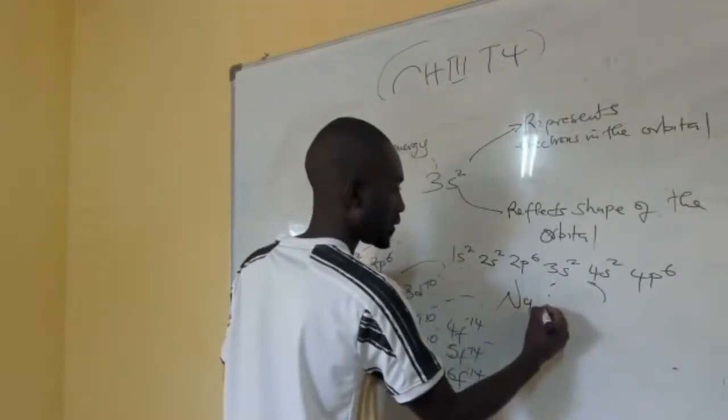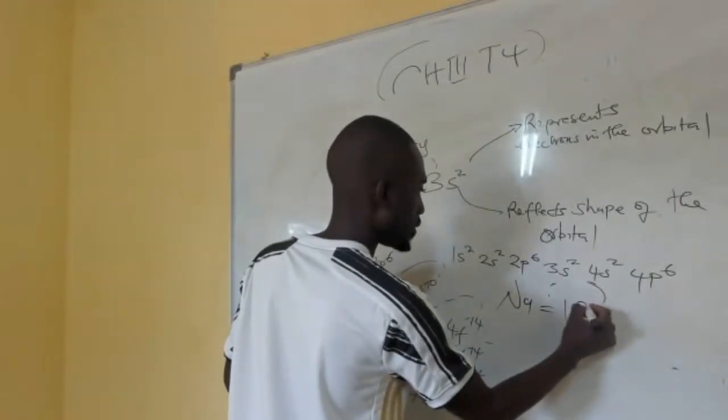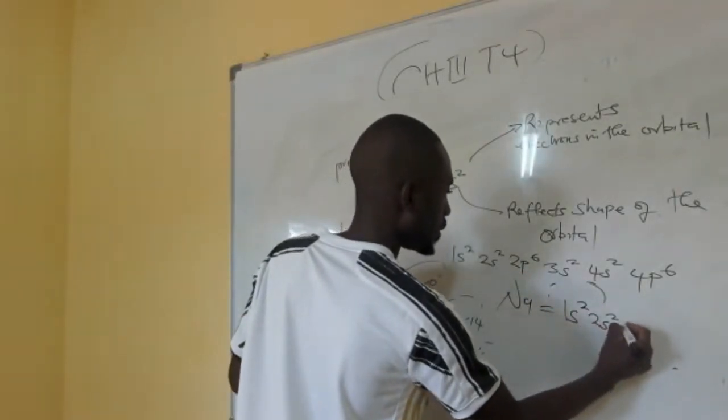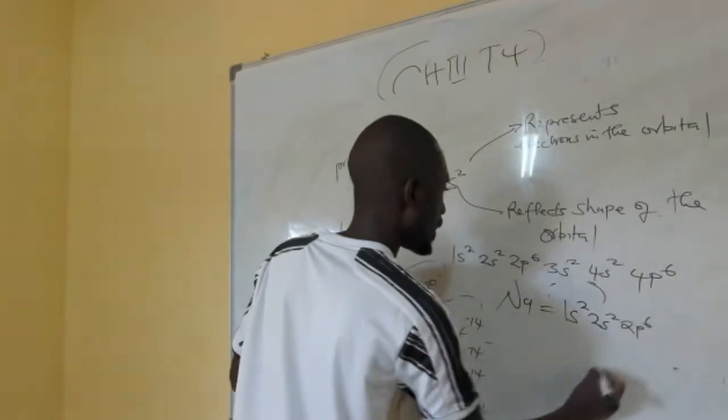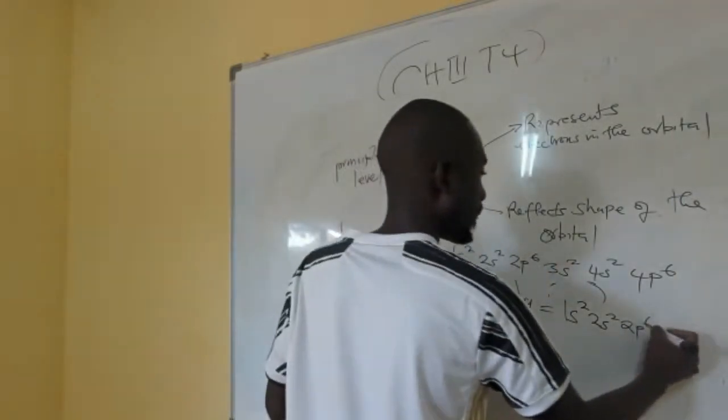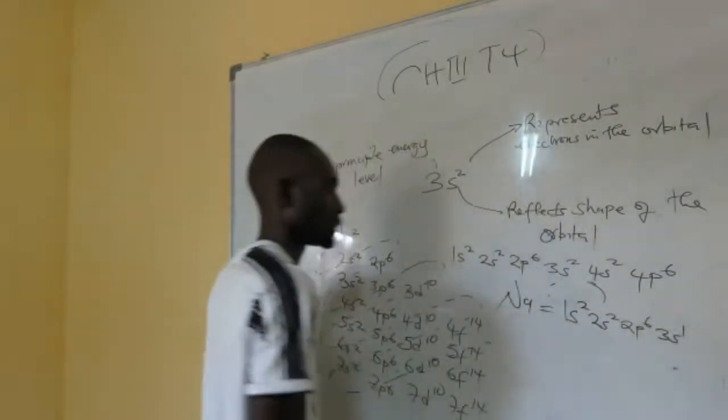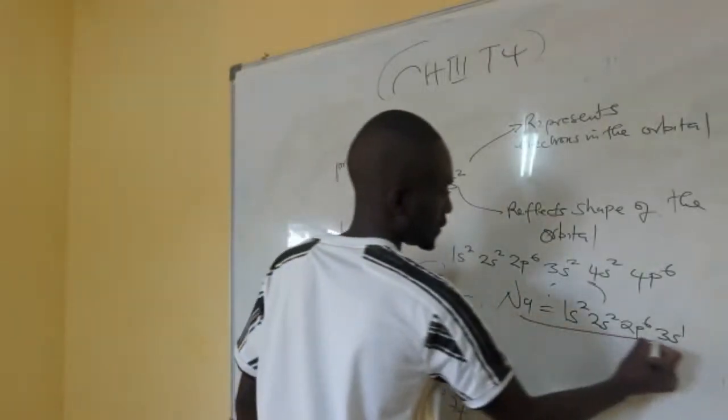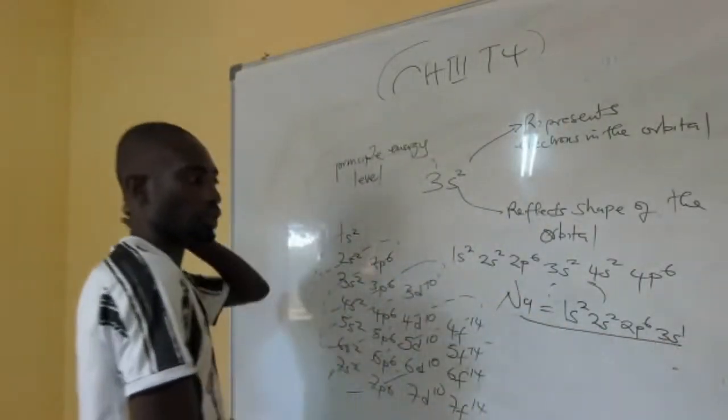So what you are going to say is 1s2, 2s2, 2p6, then 3s1. So you have got that one.